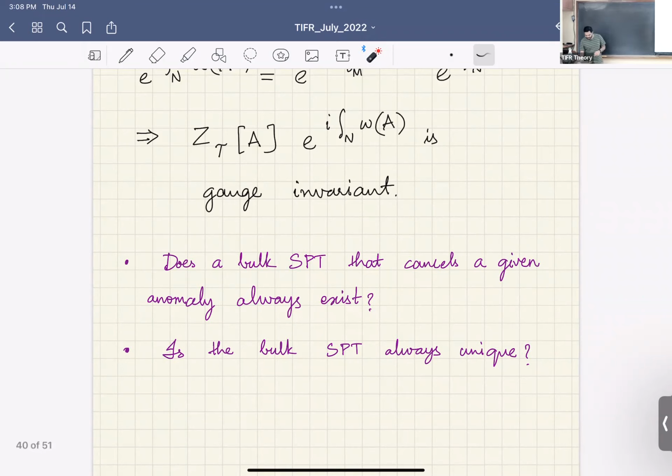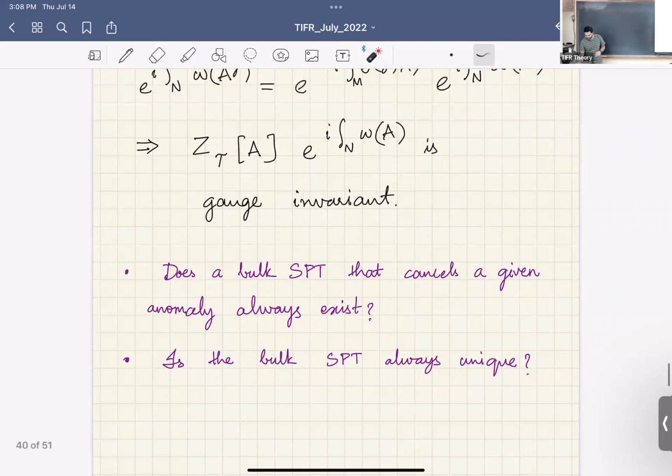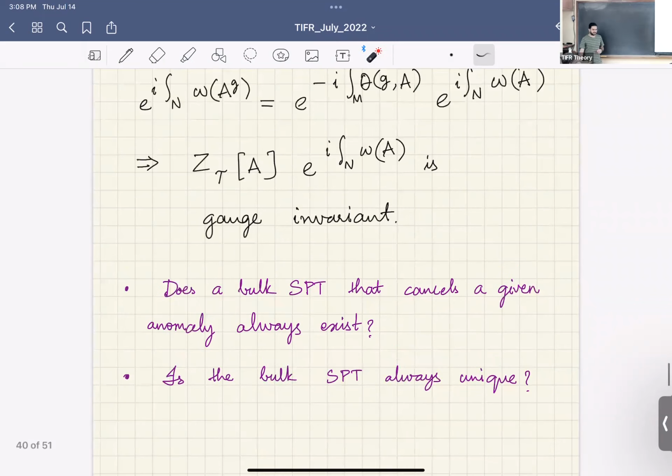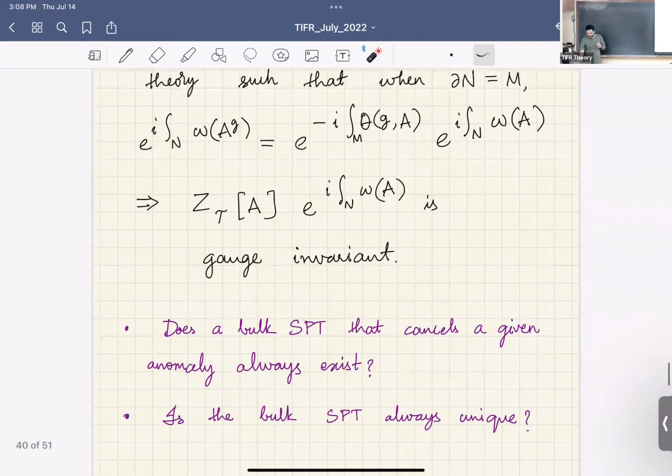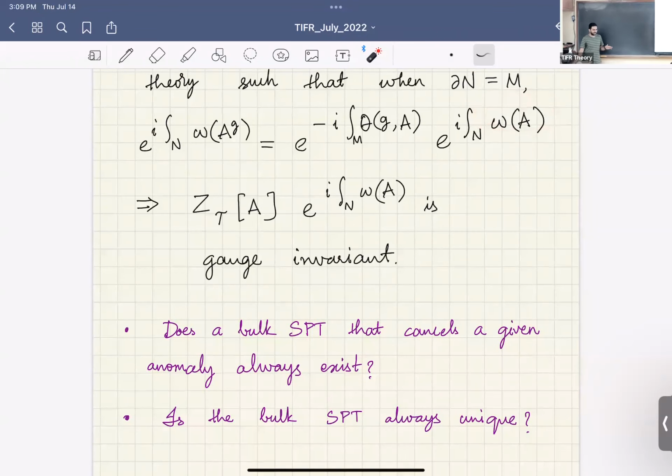You would have this extra action, for example, an action of this form in the bundle. If this action is trivial, that would be a completely trivial state. But if you have a non-trivial action, then it's called an SPT phase. It's not trivial.